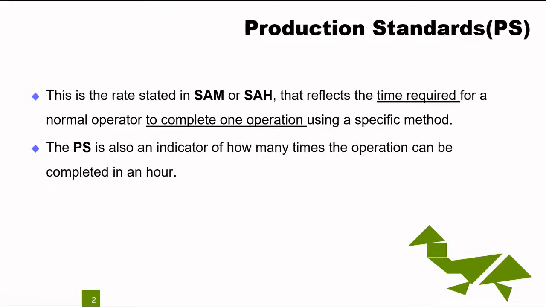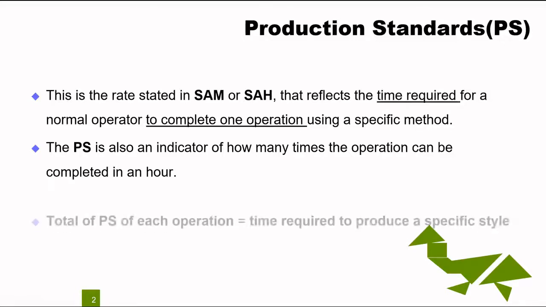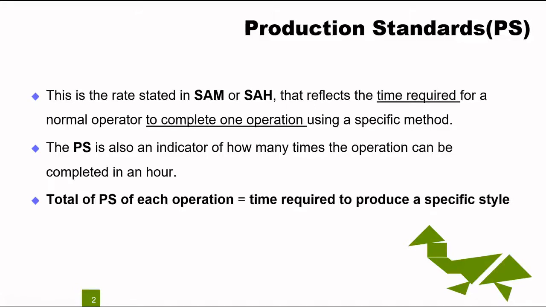So either you say that the production of one unit can be done in, let's say, 1 minute, or you say that in 1 hour it can be done 60 times. Either way, the production standard can be indicated.